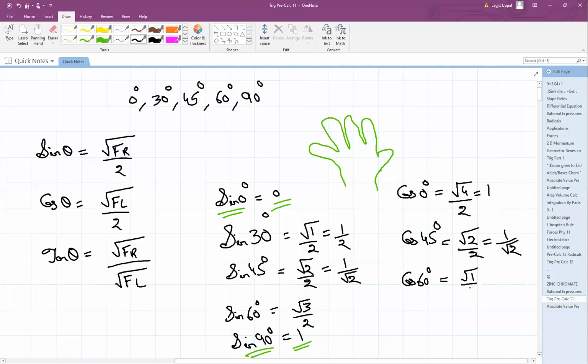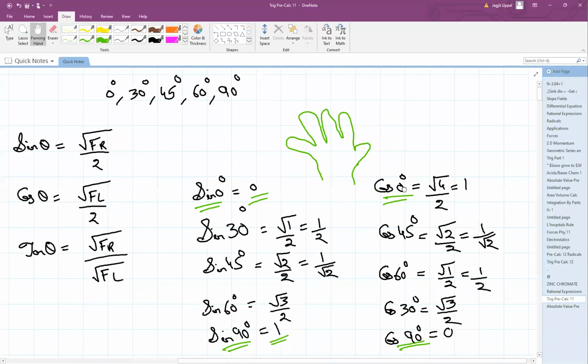Square root 1 over 2, which is 1 over 2. Excellent. Cos 30, square root 3 over 2, and cos 90, 0. Good. So again, as you can see, the cos and the sine are swapped. I want you to remember these off the top of your head as well.